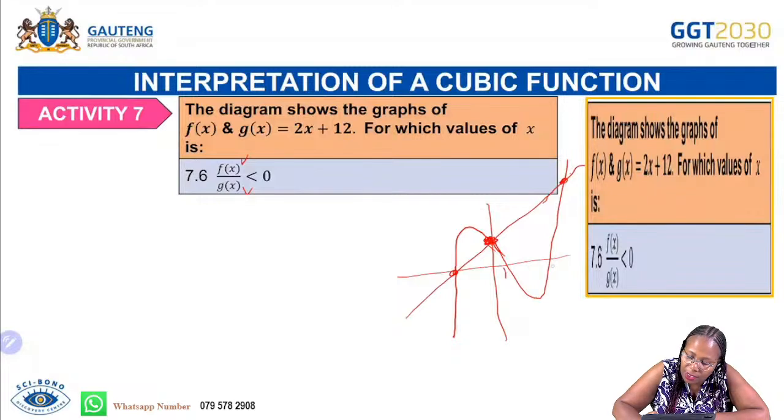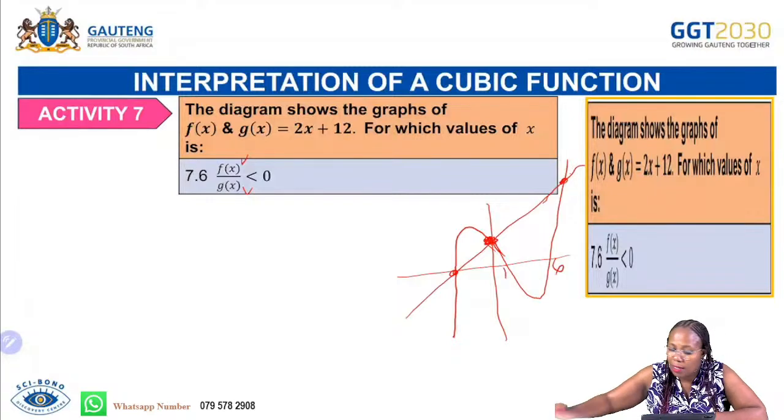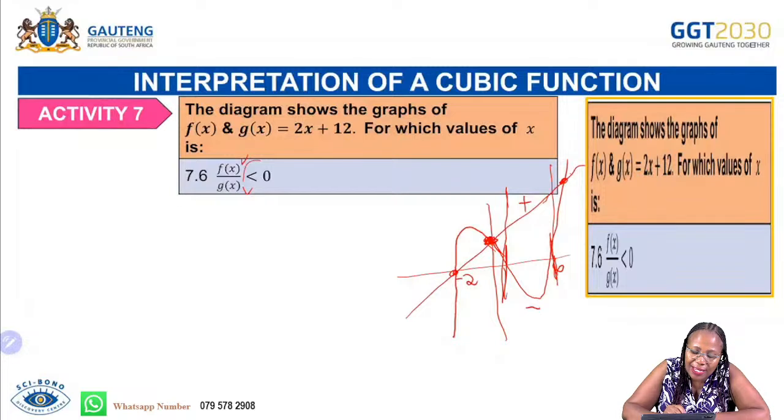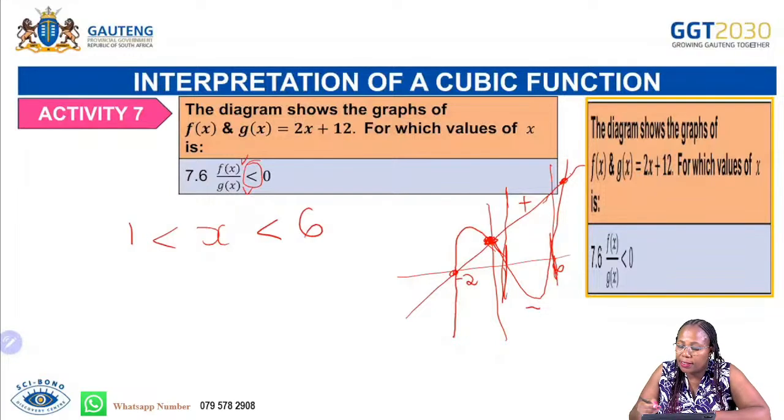Remember, this is 1, 6, and a -2 there. So where one is negative and the other one is positive, do you still remember? It's only this part. It is repeating itself in different ways. This is plus, minus. This can only be negative if one part is negative, the other one is positive. So it's between 1 and 6, grade 12.